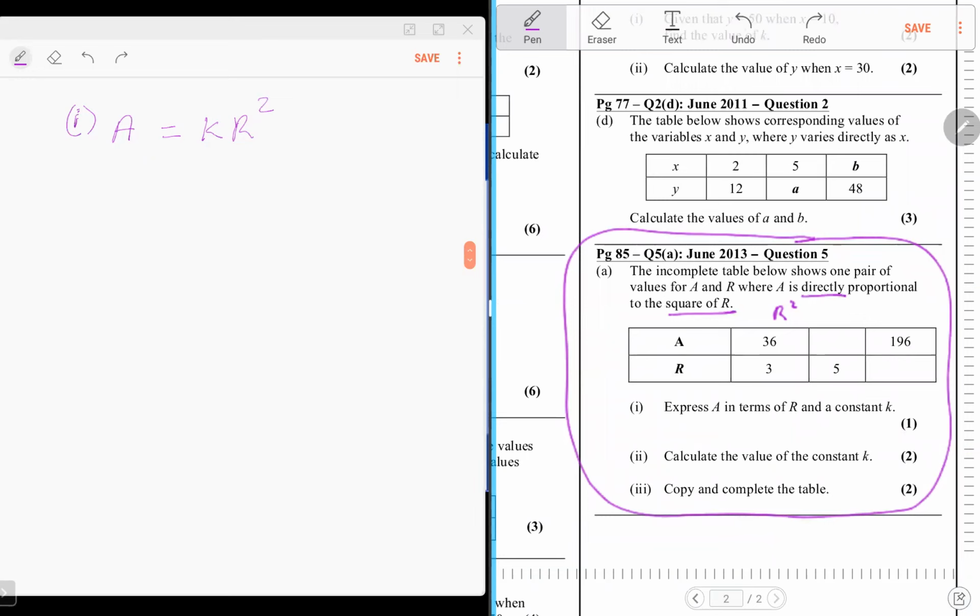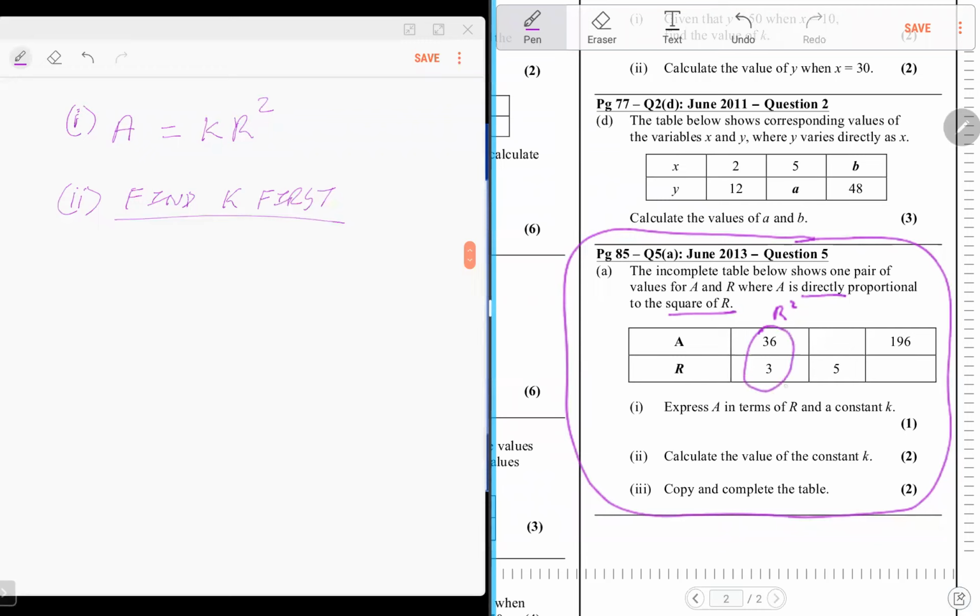Whether they ask for a constant or not, that's what you have to do next anyway. Find the constant first. So I'm still going to say find K first. What do you use to find K? The known pair of values that they give you for the two variables, which is right here.